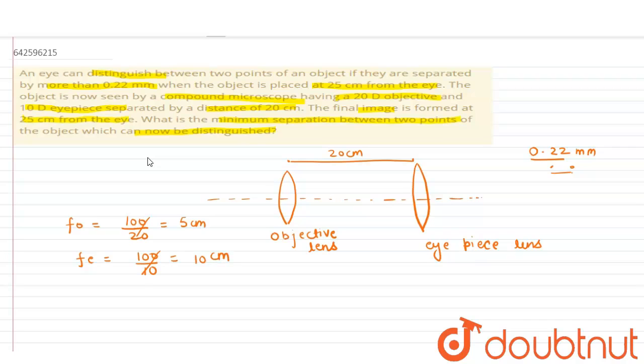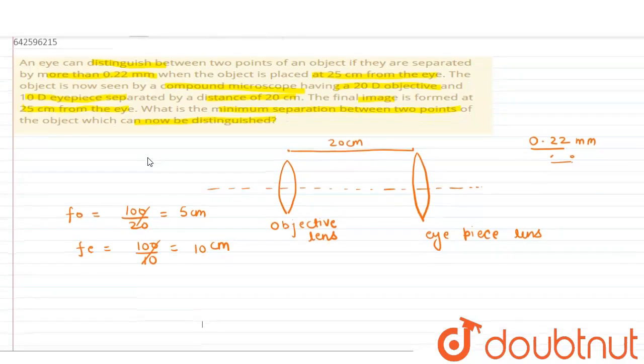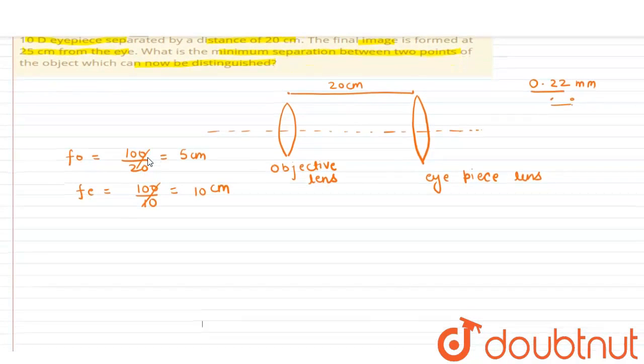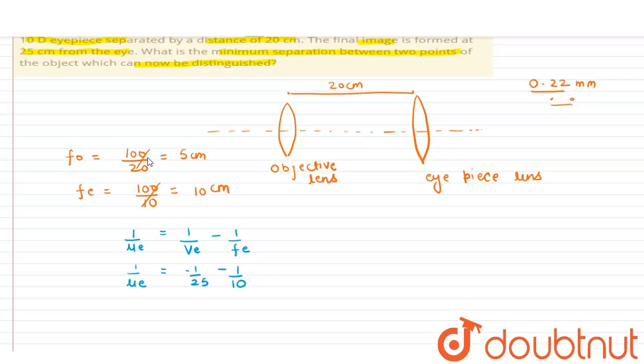Now applying the lens formula for the eyepiece lens: 1 upon u_e equals 1 upon v_e minus 1 upon f_e. Here v_e is given in the question, that is minus 25 centimeter, so it is minus 1 upon 25 minus 1 upon 10, and this gives us u_e.